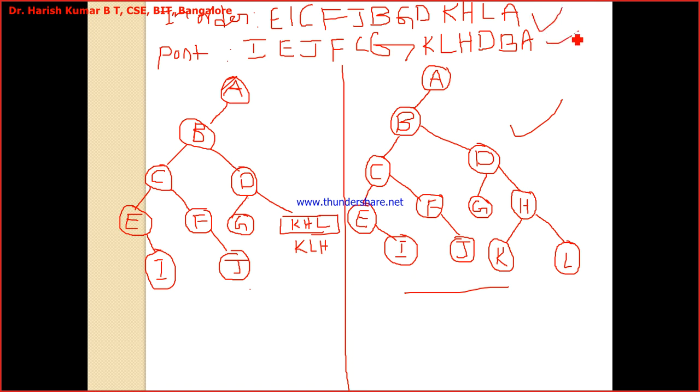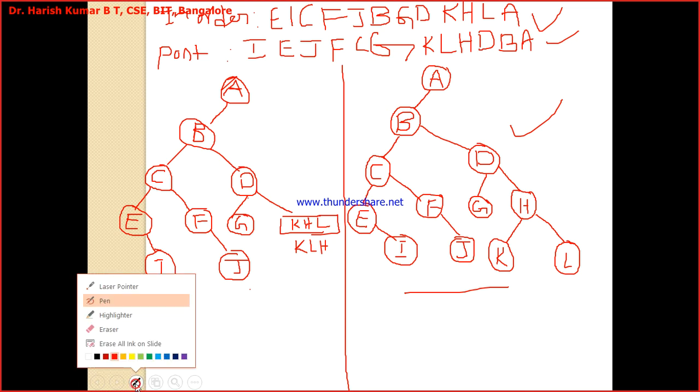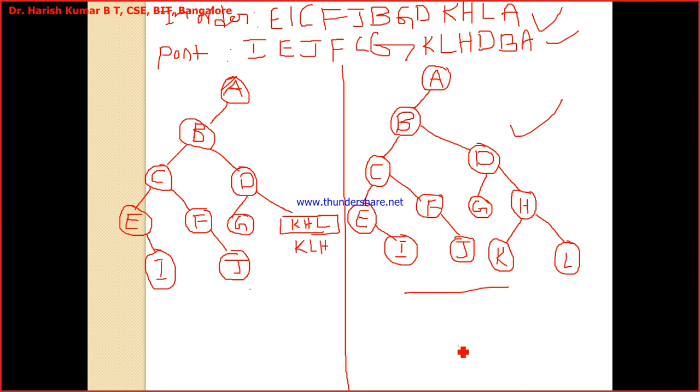Now we'll go for the other one. How do we construct the binary search tree from the given Inorder and pre-order traversal? That is what we will see now. I'll erase or discard this. I hope all of you copied this.